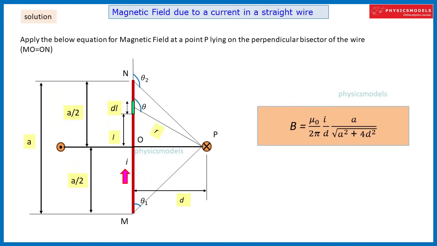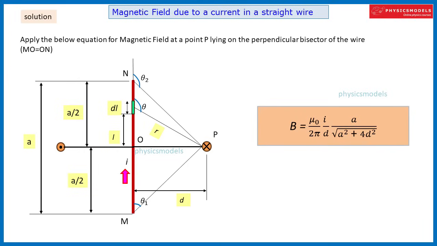Now, the point P lies on the perpendicular bisector of each of those 4 segments of that loop. And then we have to look at the equation for the magnetic field at a point P which lies on a perpendicular bisector of any wire. So if MN is the wire length in this sketch, which is a, then the perpendicular bisector automatically divides that wire into 2 halves of length a by 2 and a by 2.